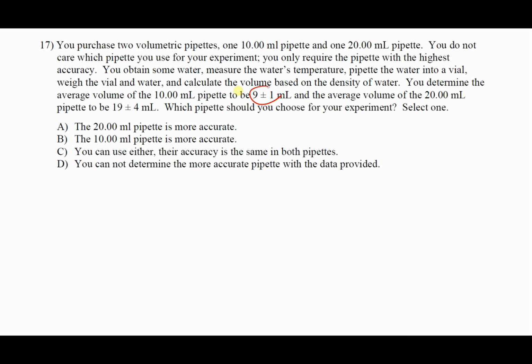So if you did 1 over 9 and 4 over 19 to calculate the standard deviation, that's precision. That's going to be the wrong measurement to do. So what you have to do is calculate the accuracy for the 10 mL and the 20 mL, right? And so that's going to be what the volume should be minus what it is, divided by what it should be, times 100%.